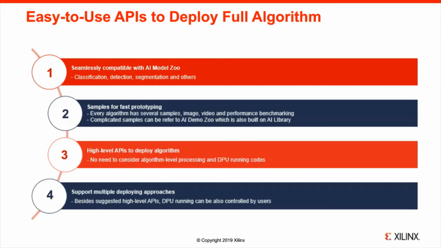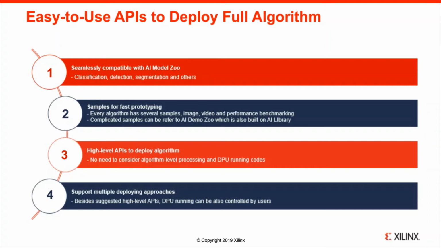So all the user needs to do is modify the pre-processing part, maybe the image resolution, the mean value, and the scale value, and that's all of it. Then you could still use our high-level APIs to deploy the model. So it's pretty fast, which will greatly benefit users in the early stage. They don't need to waste time on the toolchains. They could see the results pretty quickly.